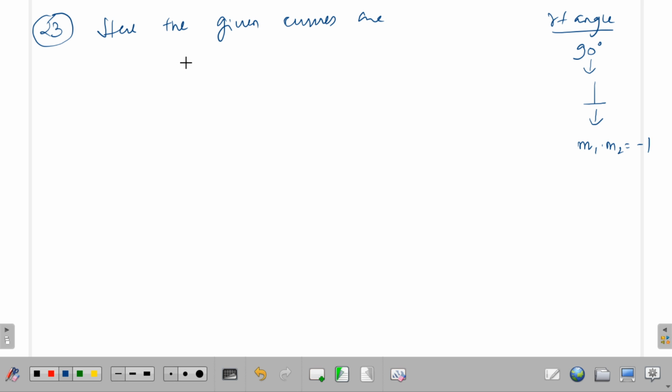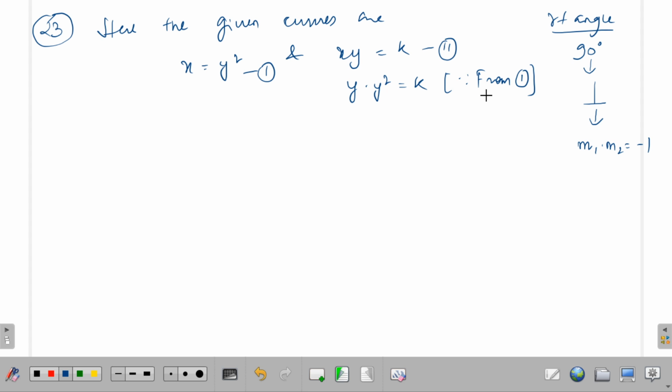Okay, so the given curves are: the first one is x = y², and the next one is xy = k. Let me make this equation number 1 and the second equation number 2. So I'll get y · y² = k, so y³ = k, or in short y = k^(1/3).